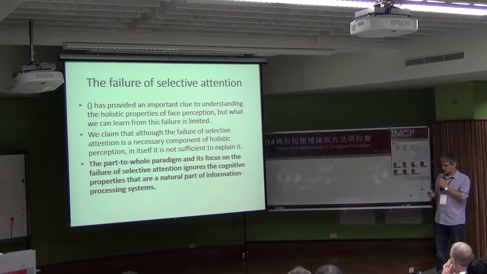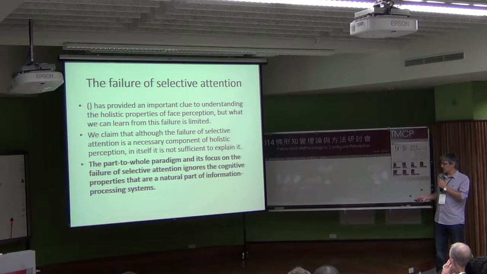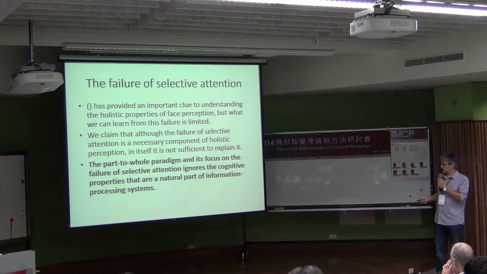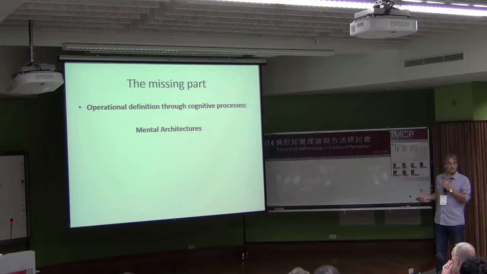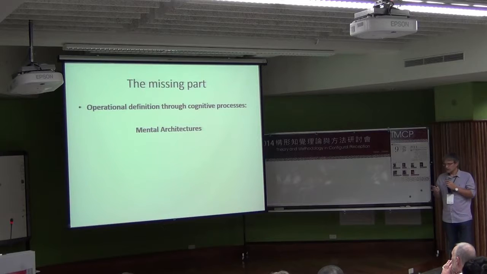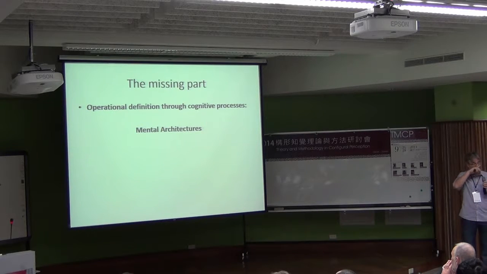What do I mean by processes? We think this falls in a large area called information processing systems. So what do I mean by this? Well, we know nothing about the mental architectures, the way the mental processes underlying face perception are organized. So this is the missing part.